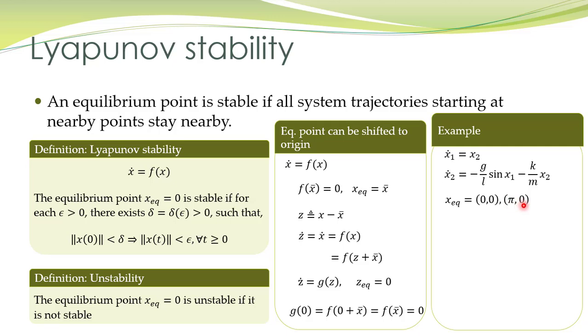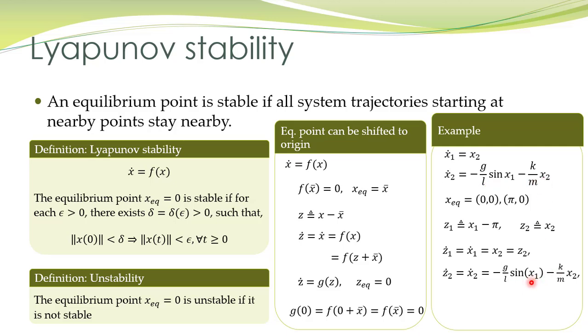For that purpose, we can easily define a state transformation, that is z1 is equal to x1 minus pi and z2 equal to x2. Now z1 dot is simply equal to x1 dot, which by this equation is equal to x2, which by this equation is equal to z2, and z2 dot from this equation is equal to x2 dot, and x2 dot is given by this expression.